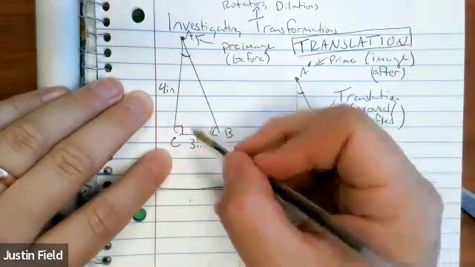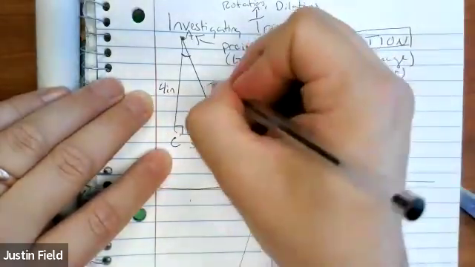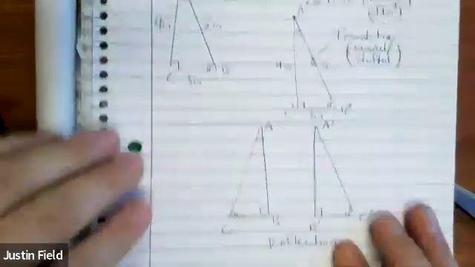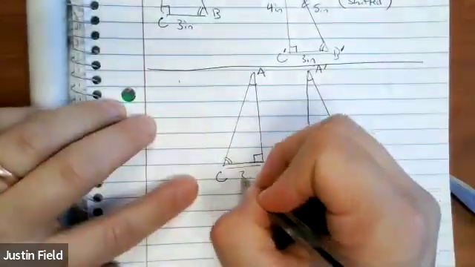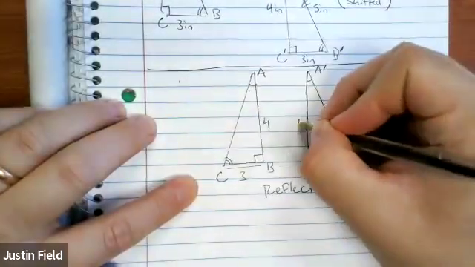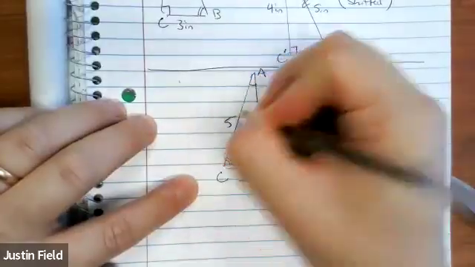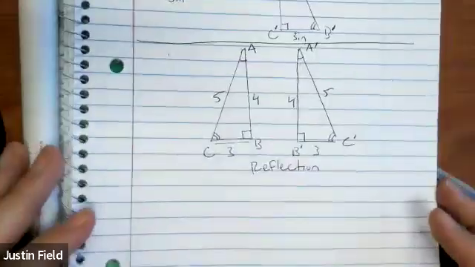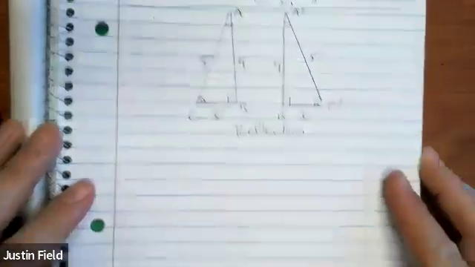And we know in a right triangle, 3, 4, 5 is a Pythagorean triple. Same thing here. We have 3s on the bottom, 4s on the side, and 5. So we can see all the side lengths and all the angles are congruent.